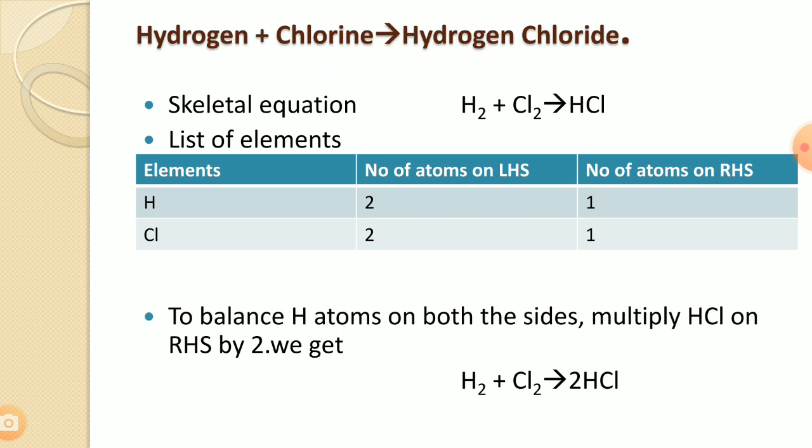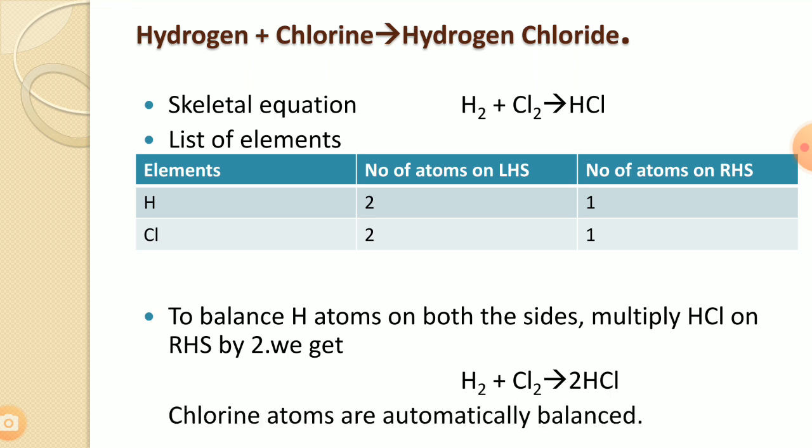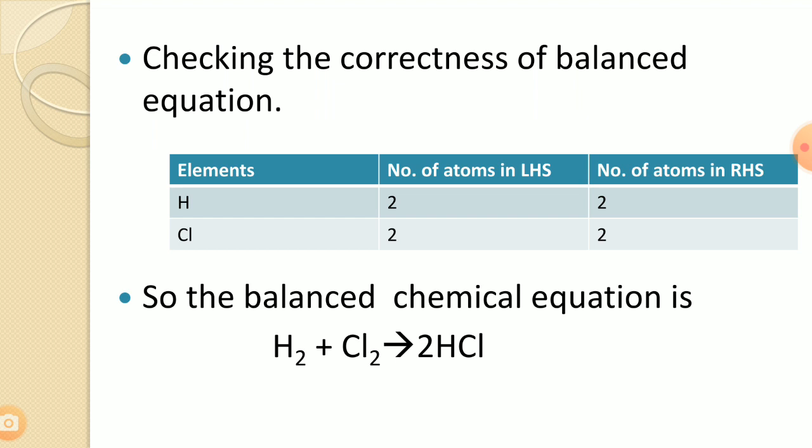So to balance hydrogen atoms on both the sides, we multiply HCl by 2 and we get H2 plus Cl2 gives 2HCl. And chlorine atoms are automatically balanced. So we check the correctness of balanced equation and we found that on both the sides the atoms of hydrogen and chlorine are equal. So the balanced chemical equation is H2 plus Cl2 gives 2HCl.